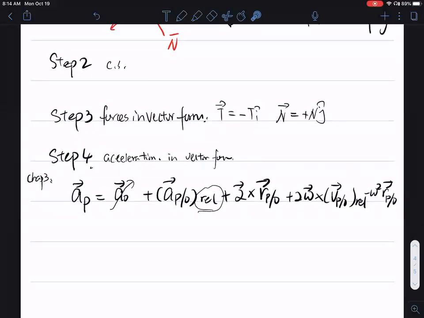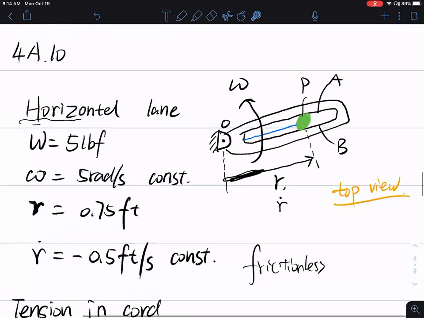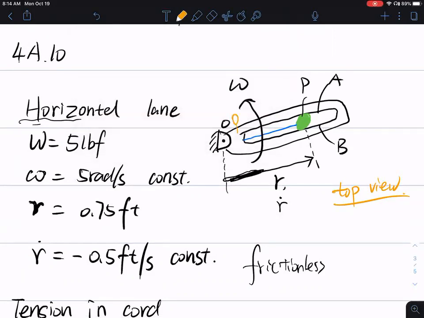Whenever you see relative, you want to put yourself into the moving reference coordinate system. In this case, you want to put yourself on that rigid body, arm OAB. You want to put yourself here and look at the particle P. What is the acceleration of particle P with respect to your position over there? 0.